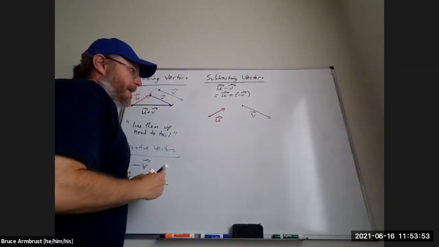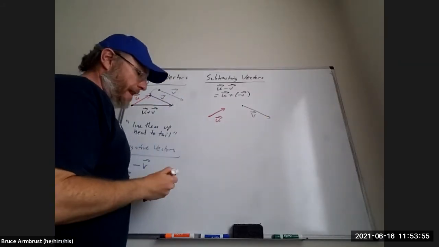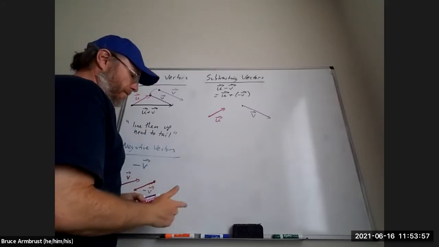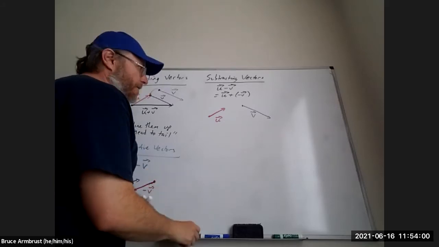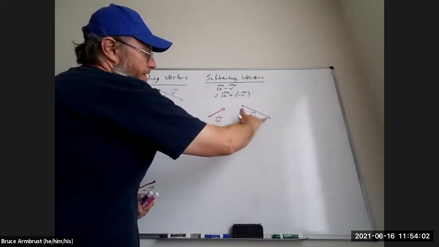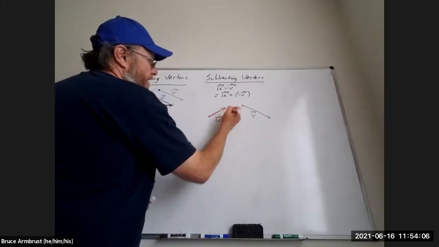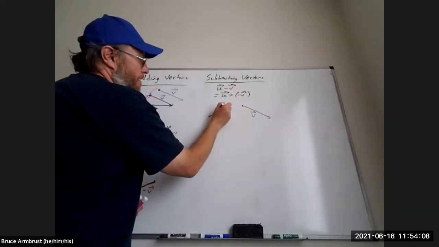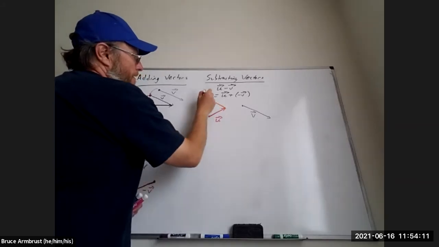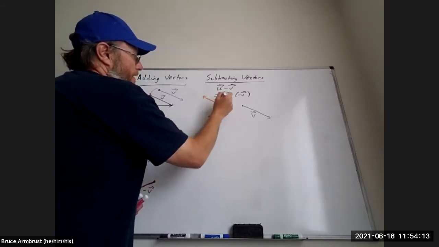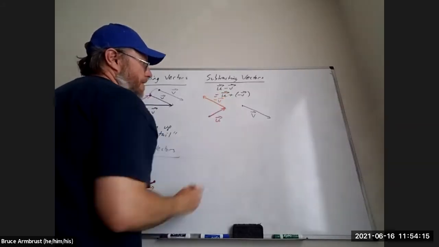What we need to do is take u and add to it negative v. Well, negative v is the same length as v, just points in the opposite direction. And again, I need to start at the end of u. I think that's probably close enough for negative v.